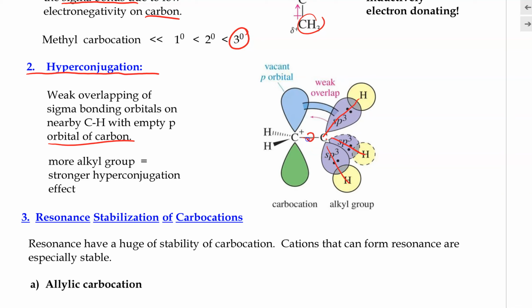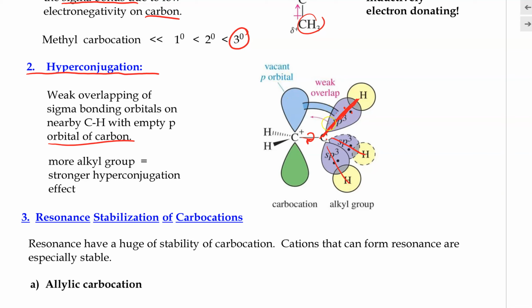Due to the rotation of this carbon-carbon bond, this sigma orbital that makes up the sigma bond between this carbon and this hydrogen can come quite close to this p orbital. Because this p orbital is electron deficient, and the bond can rotate, at one point it might come very close to this p orbital.